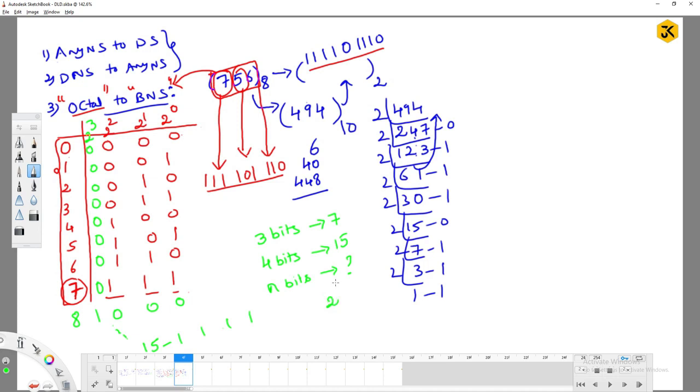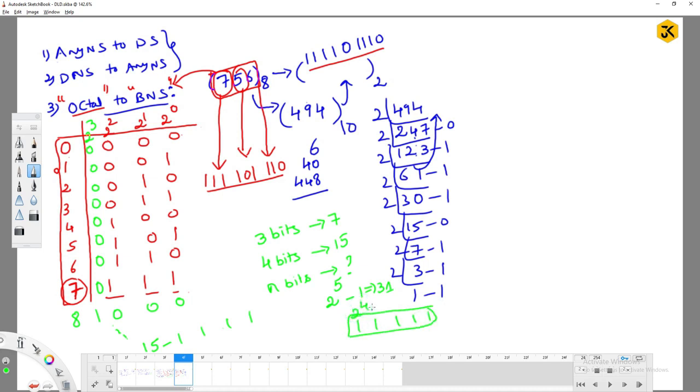For example, assume 5 bits. 2 power 5 minus 1, 2 power 5 is 32, minus 1 is 31. Are you going to get 31 for 5 consecutive ones? Try to calculate.